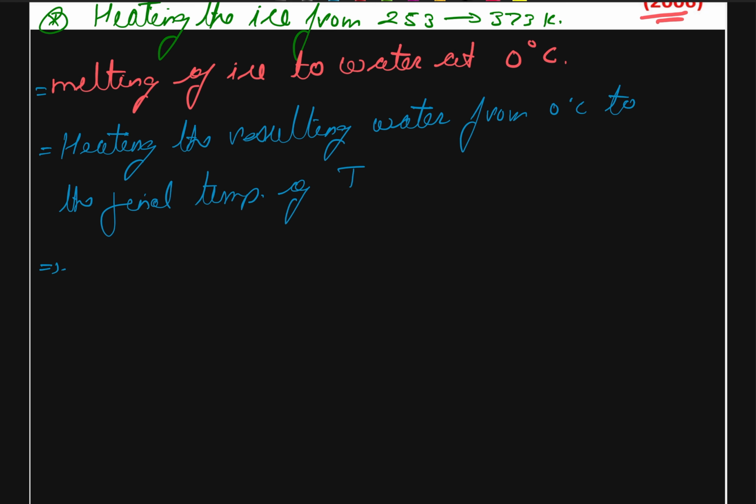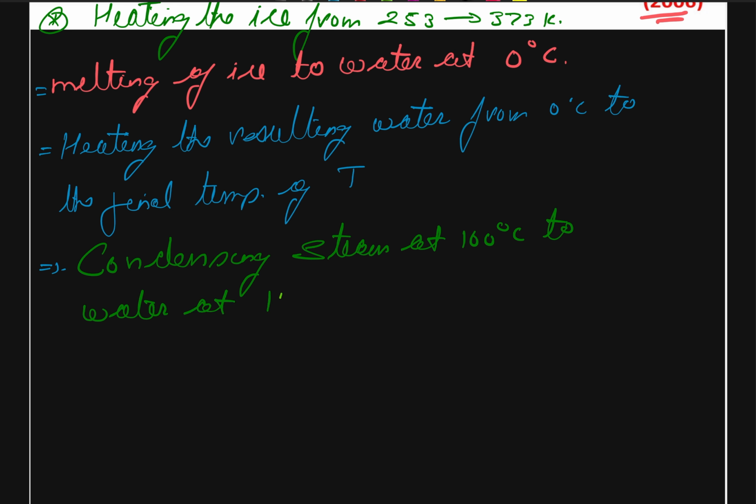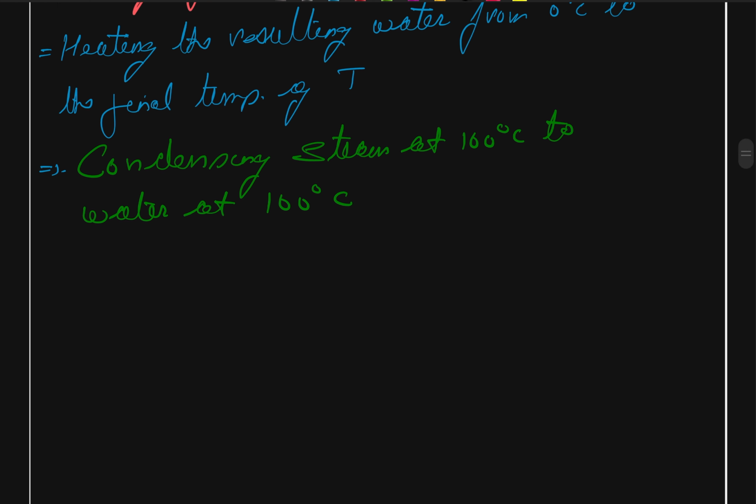So we can say condensing steam at 100 degree centigrade to water at 100 degree centigrade, and then this condensed water will be cooled from 100 degree centigrade to a final temperature of T degree centigrade.